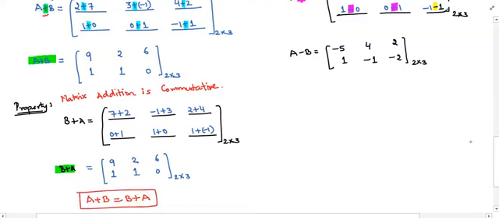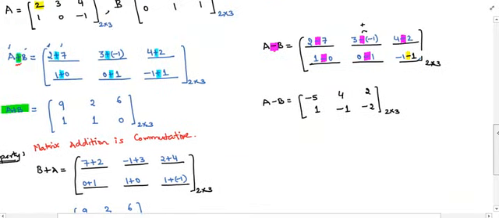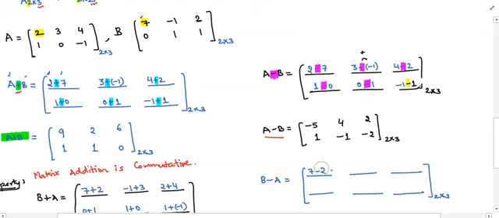So let us check what will happen to this property in the case of subtraction. We already obtained A minus B. Let us see what will be B minus A. Again, as we did for addition, we will pick the element of B first and then the element of A. So the element of B is 7 minus the element of A, which is 2.